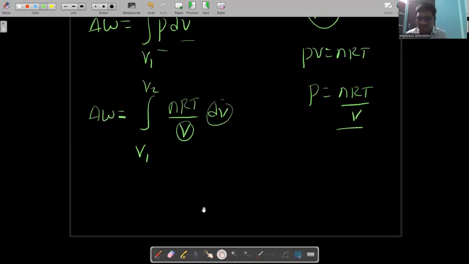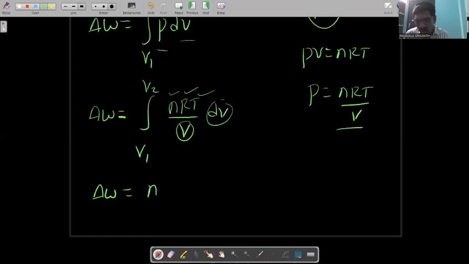Now, what are the constants here in this case? The number of moles of the system always remains constant, just like mass. So delta W is equal to, here n is a constant, R is a constant, and in this isothermal process, T is also constant.